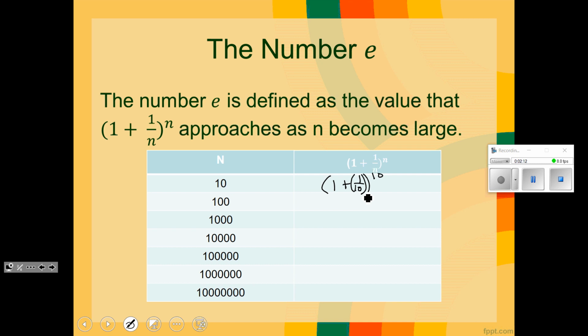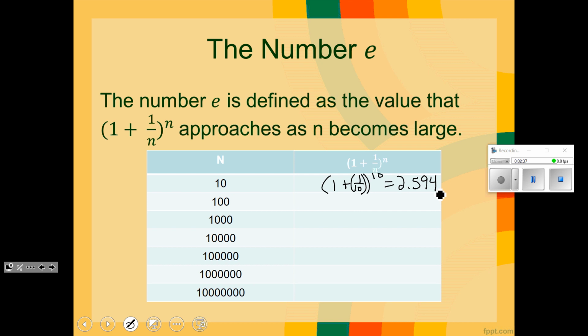Let's round it to three places out, the nearest thousandth. So 2.594. Did everybody get 2.594?